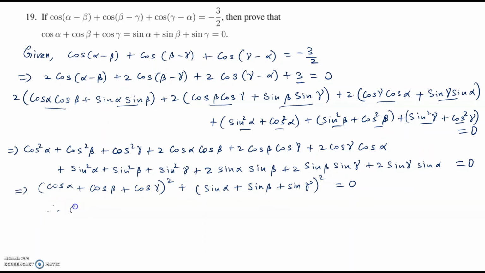Therefore, cos alpha plus cos beta plus cos gamma is equal to 0 and sine alpha plus sine beta plus sine gamma is equal to 0. Hence the proof.